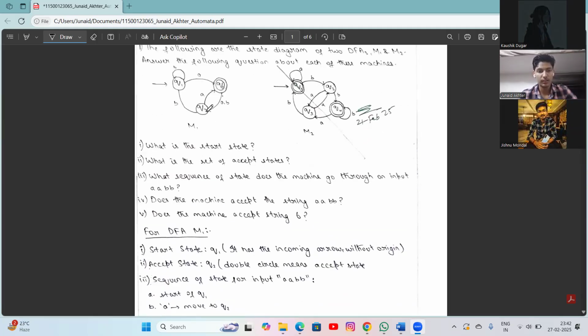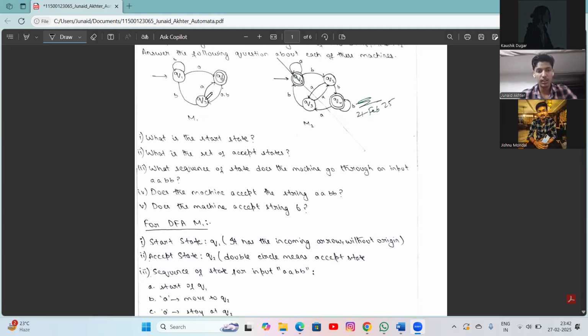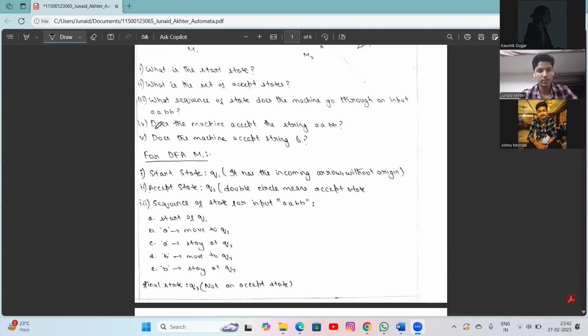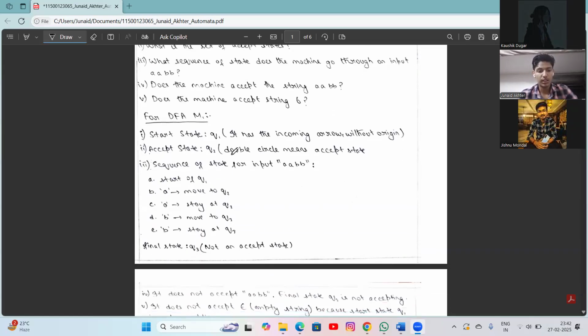So the final state will be Q3 and it will not be an accept state. The next question is, does the machine accept the string AABB? The answer is it does not accept AABB because the final state Q3 is not accepting.